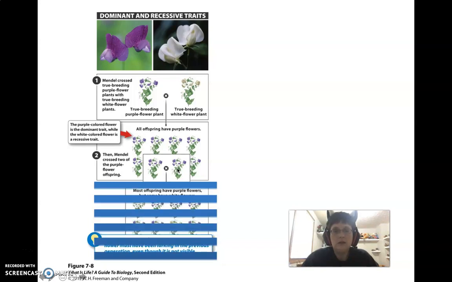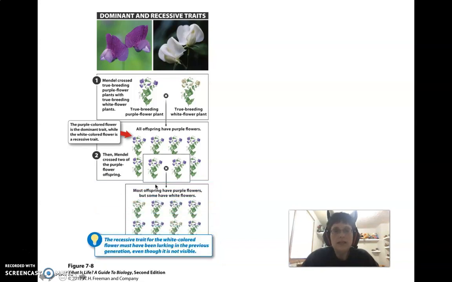And let's take a look. When he did that, do you see what happened? We've got white flower and a white flower. The white flowers came back. So we've got mostly purple offspring, but we've got some white flowers now.